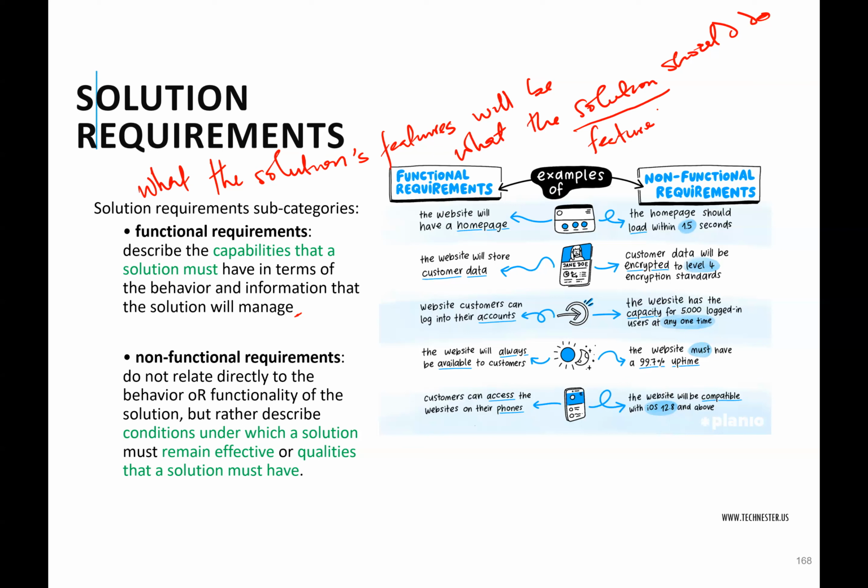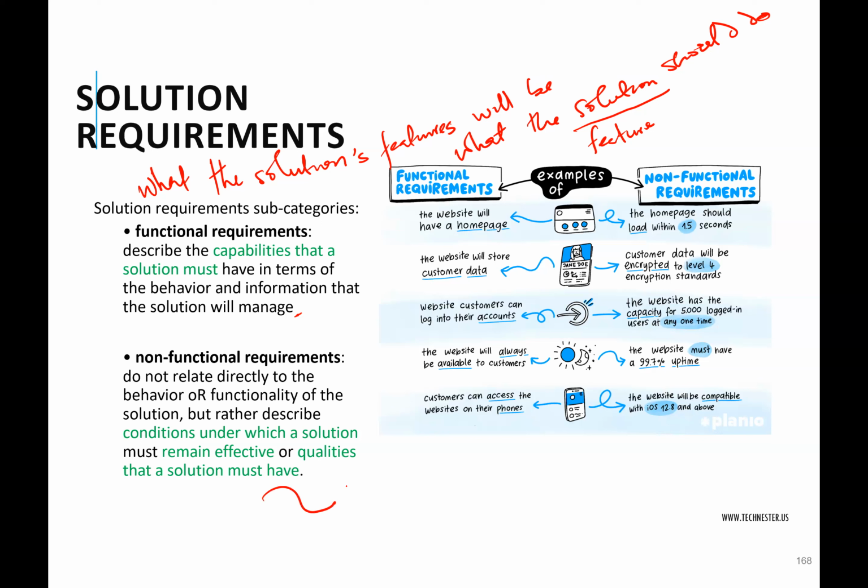Now, non-functional requirements do not relate directly to the behavior or functionality of a solution, but rather describe conditions under which a solution must remain effective or qualities a solution must have.